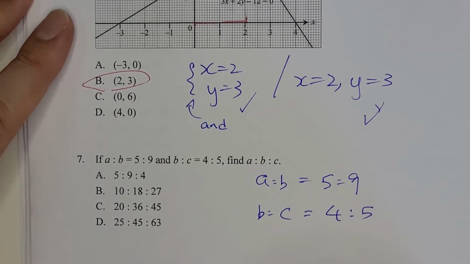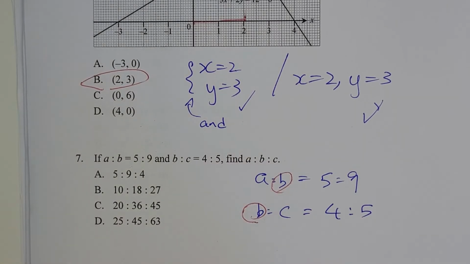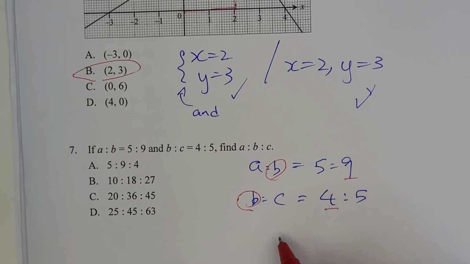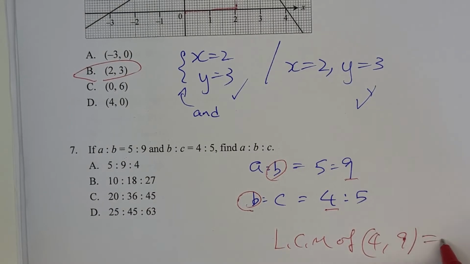You need to find A to B to C. As you can see, these two have a common letter B, and one of the numbers is 9 and the other number is 4. What you need to do is find the LCM of 4 and 9. That is 36.